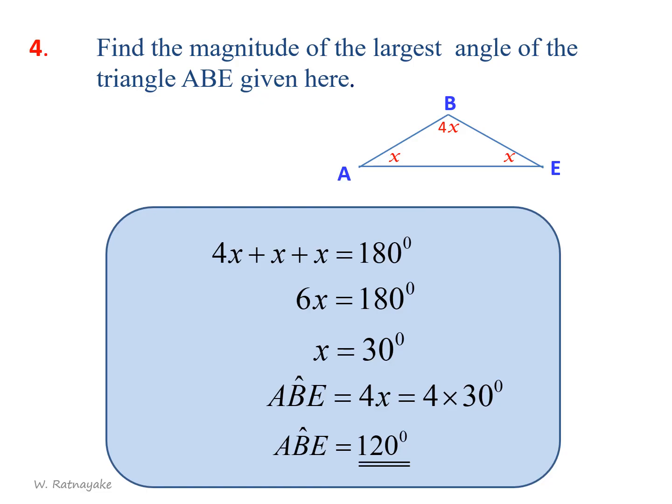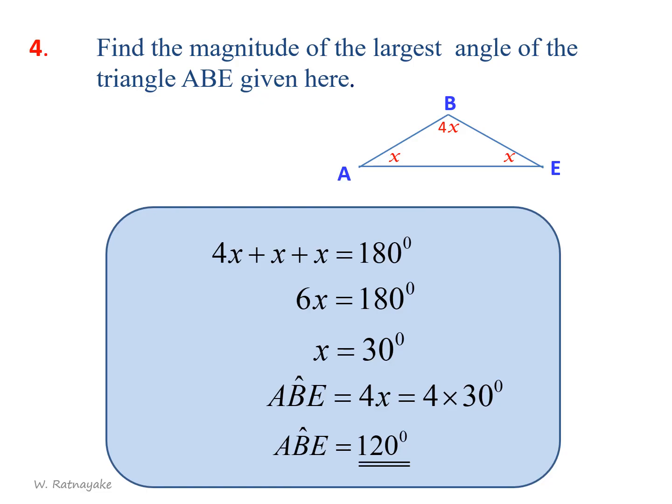So what we did here is we formed an equation using the theory of the sum of interior angles of a triangle and solved the equation to find x. And to find 4x, we multiplied that value by 4, that is 120.